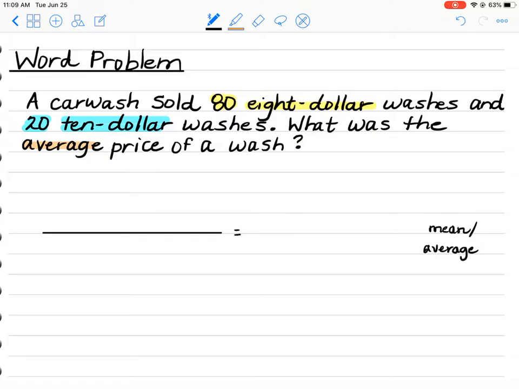Sorry, let me start over there. We have 80 washes that cost $8, and that's a plus sign. We have 20 of them that cost $10.